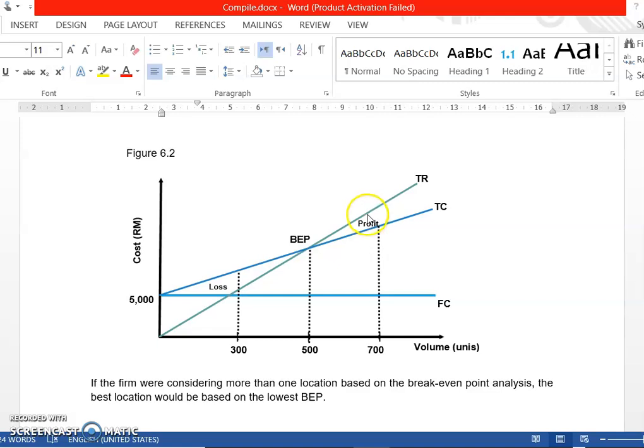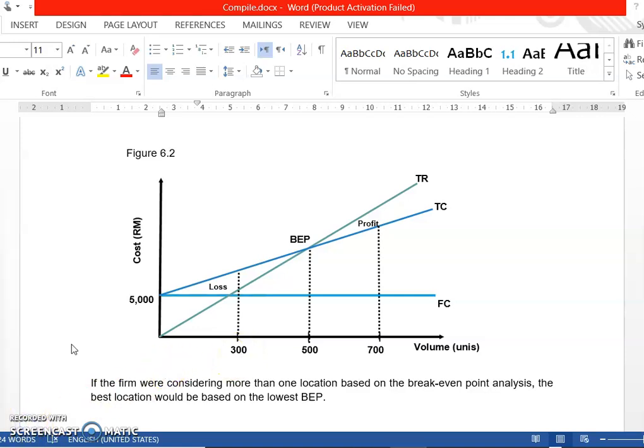So when revenue is higher than cost, you are making profit. If you produce more than 500, you will gain profit. If you produce less than 500, you will suffer the loss.